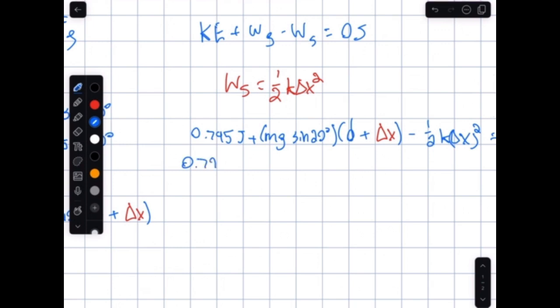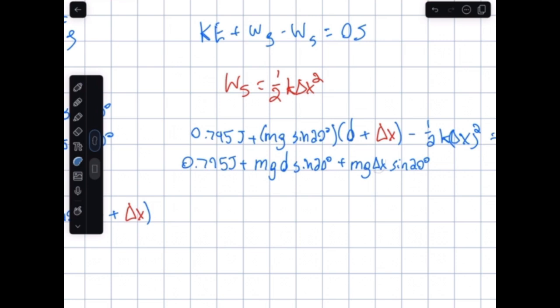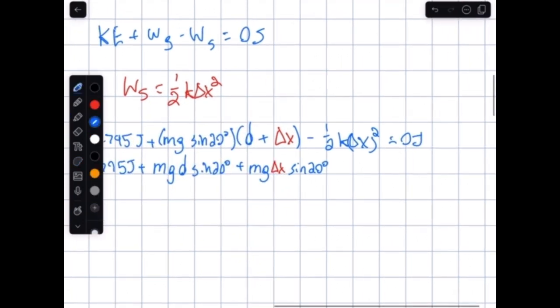We'll have 0.795 joules plus mg d, distance, times sine 20, plus mg delta x sine 20. I want to keep this delta x red because that's what we're solving for. Then minus 1/2 k delta x squared, and that's going to equal 0 joules.